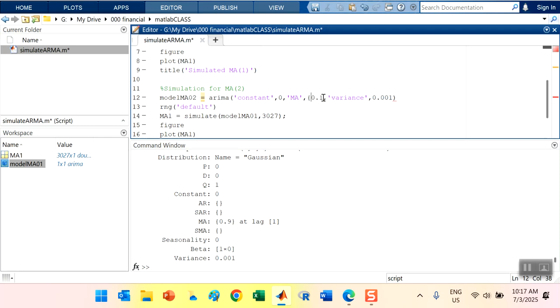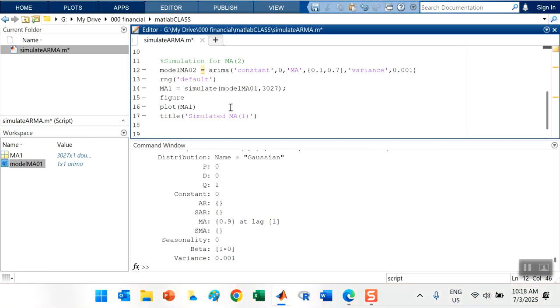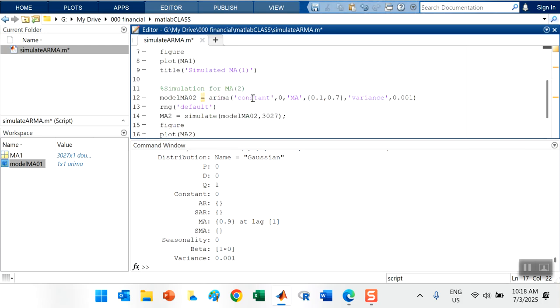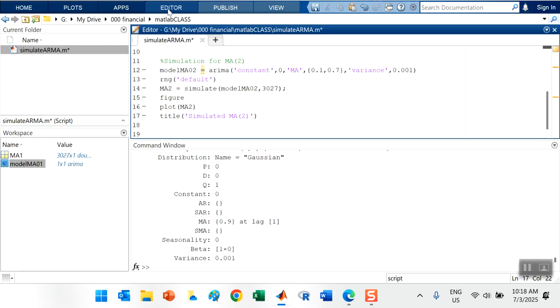Let's say theta 1 is 0.1 and theta 2 is 0.7. So you have two MA coefficients, theta 1 is 0.1, theta 2 is 0.7. Let's keep the variance and use the same random numbers. So this is MA2 now. Just change the values inside, then you can have a look at the possible values. So just run this one more time.